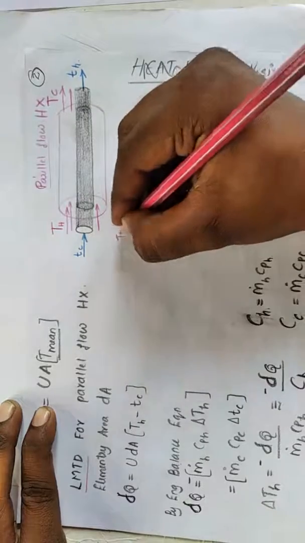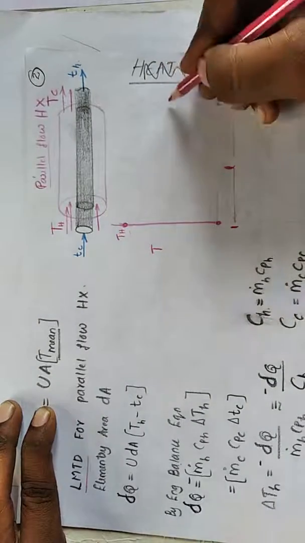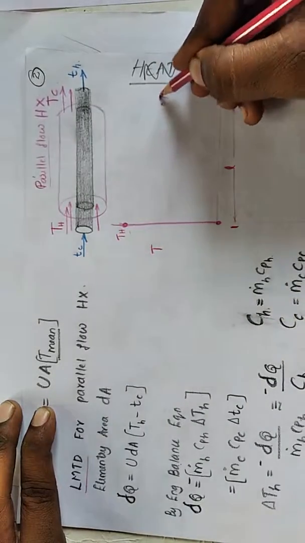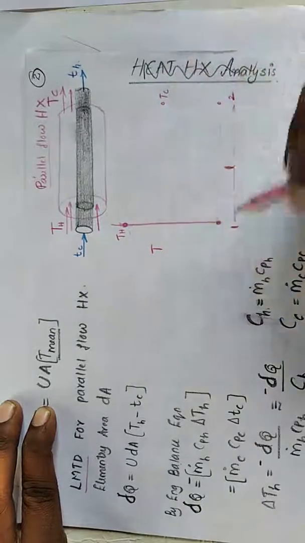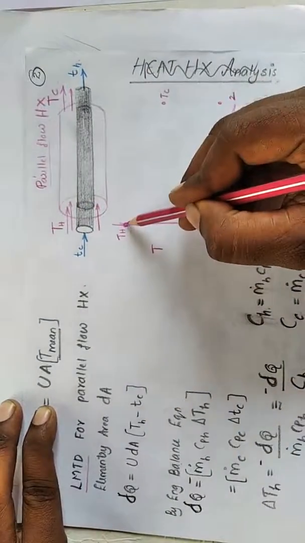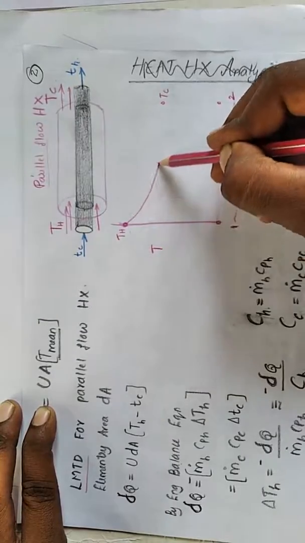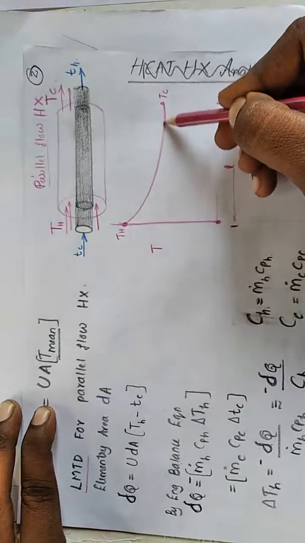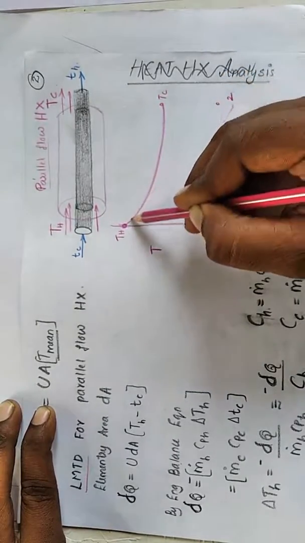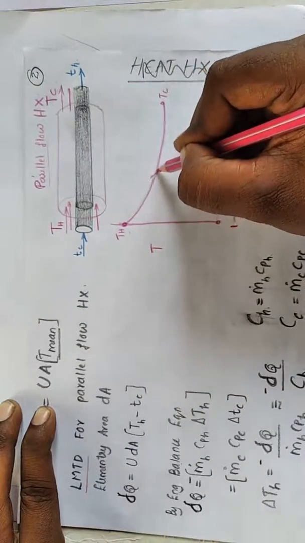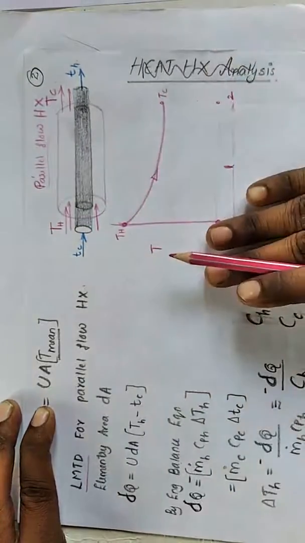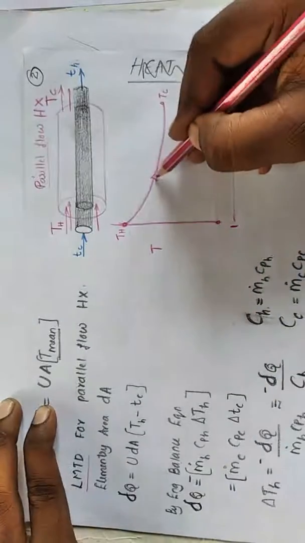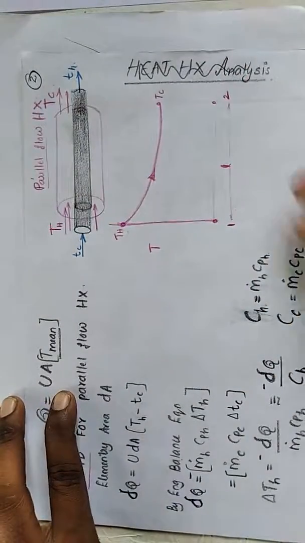The temperature keeps decreasing throughout the length, so the graph will be like so. During the flow from left to right, the temperature goes on decreasing.